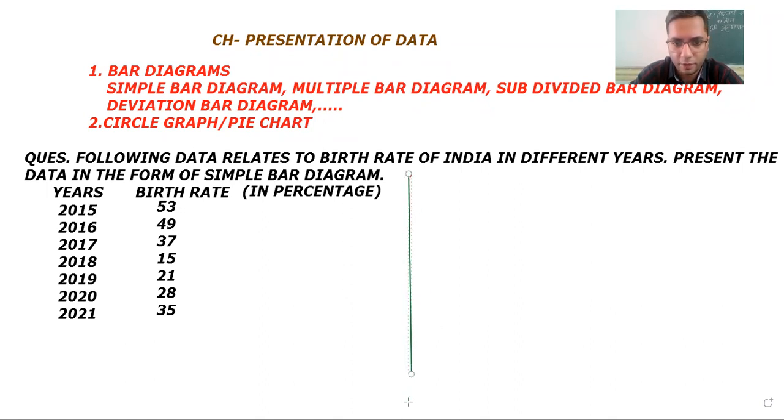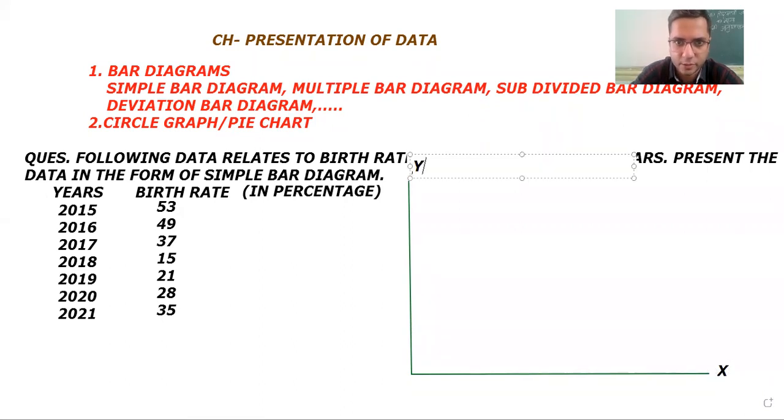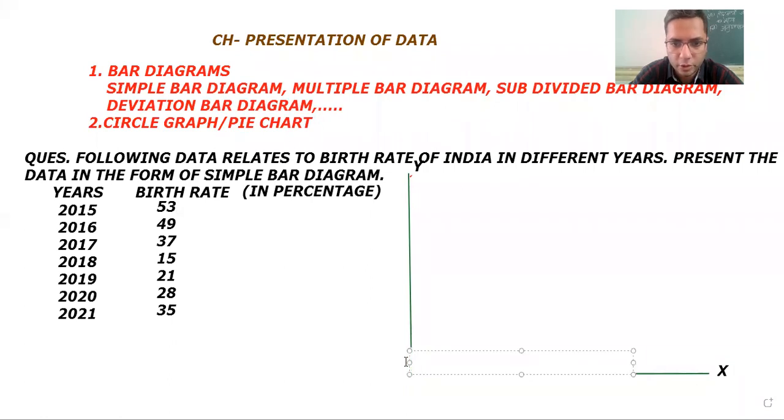I'm making a bar graph here. Of course, you will make a graph and plot the axes. We all know that this belongs to the y-axis, this belongs to the x-axis, and this is your origin.